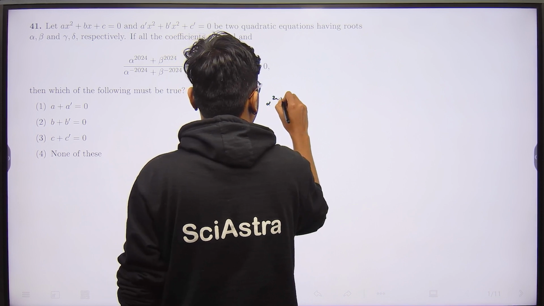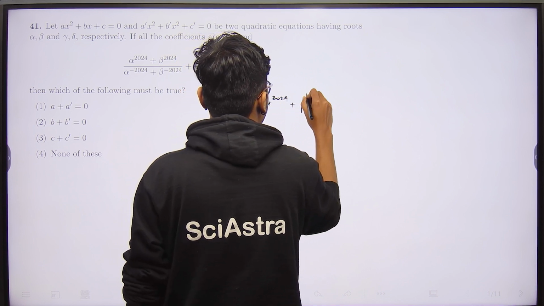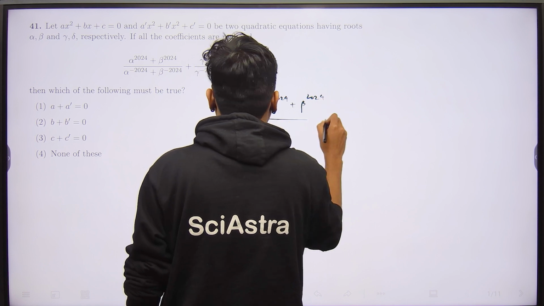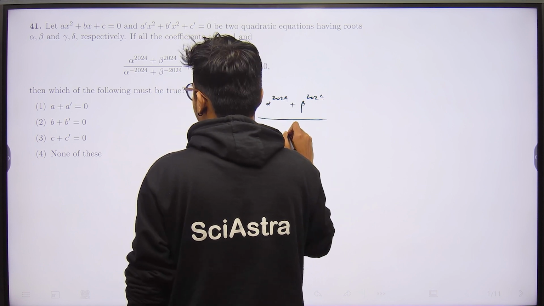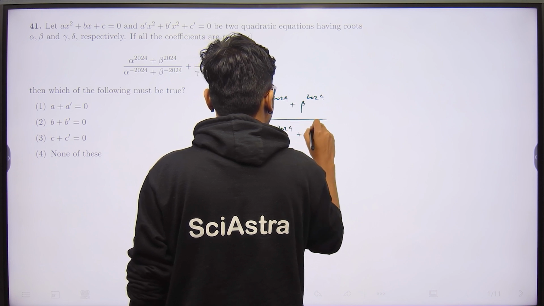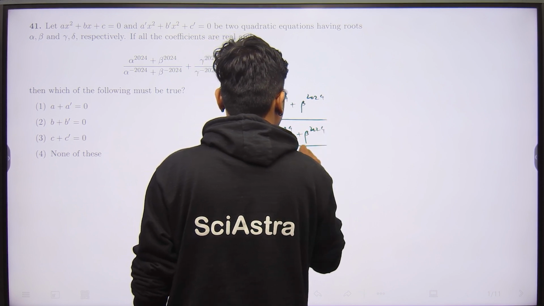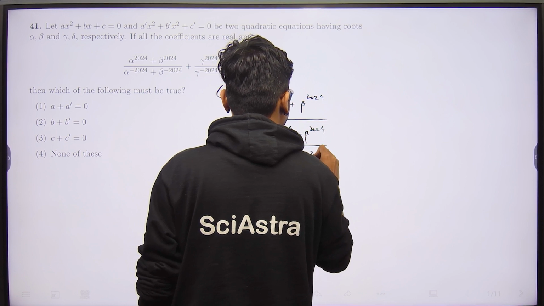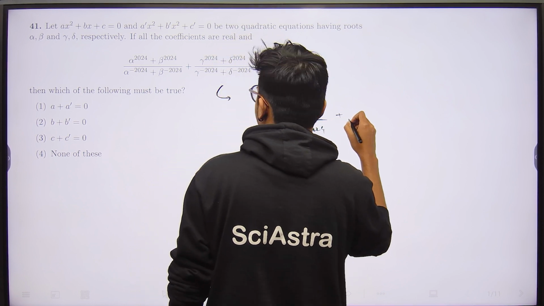Alright, so for this, observe that if I simplify this expression slightly, so we can rewrite this as alpha power 2024 plus beta power 2024. Now this is nothing but, how can we write this? This is nothing but alpha power 2024 plus beta power 2024 divided by alpha beta whole to the power 2024, right? Similarly, we can do this for the other one, right?